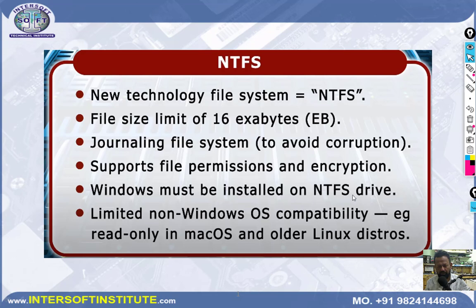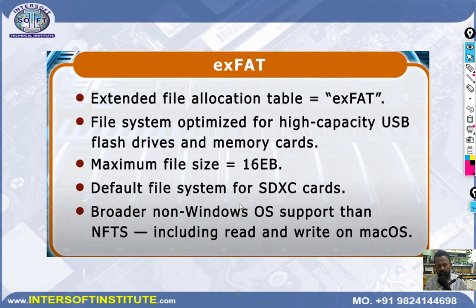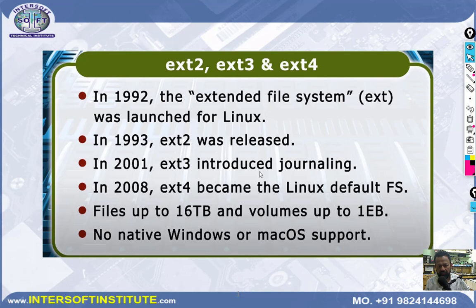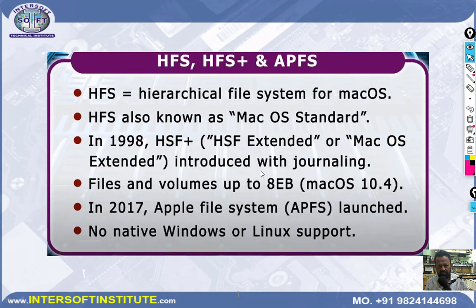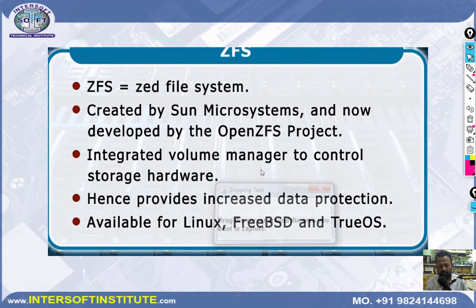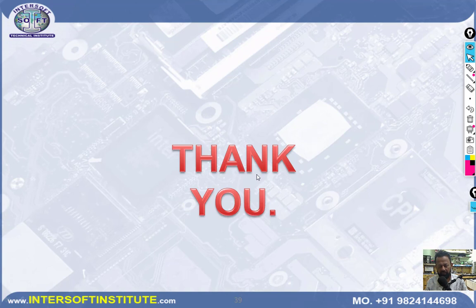Windows must be installed on an NTFS drive, with limited non-Windows support. Then exFAT, extended file allocation table, maximum file size is 16 EB by default. Then ext2, ext3 for Linux, HFS for Mac OS. Then ZFS, Z file system. These are the different types of file systems.